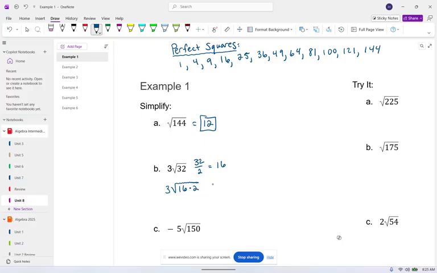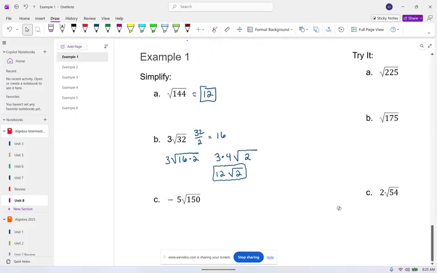And 16 is in the 4th position, so the square root of 16 is 4. And so 4 gets to come out, and what's left behind is that 2. The 2 doesn't get to come out because it's not a perfect square. 3 times 4 is 12. So we have 12 root 2.